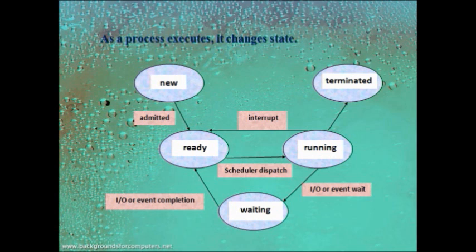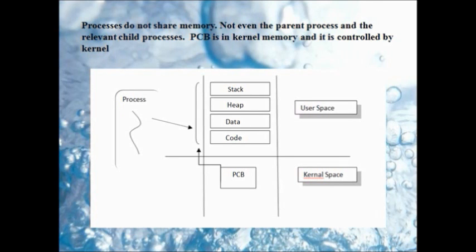Terminated state: a process may be terminated either from the running state by completing its execution or by explicitly being killed. Processes do not share memory, not even the parent process and the relevant child processes. The process control block is in kernel memory and it is controlled by the kernel.